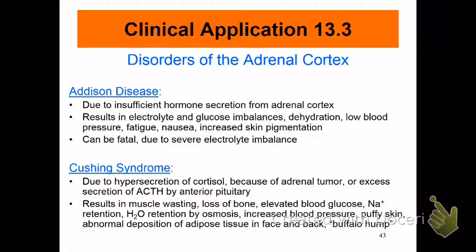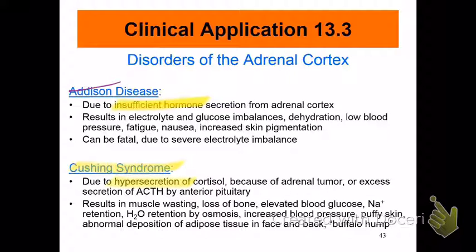So, remember, this is what you really want to know. Addison's is insufficient. Cushing is hyper above, more. And because of the hypersecretion, you may have tumors or excess secretion of the corticotropic hormone, adrenal corticotropic hormone.